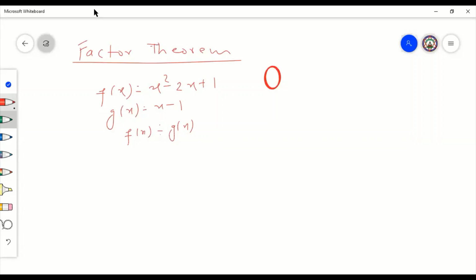In this case we have to divide. Here x minus 1 is given to you. From x minus 1, we get the value of x as 1.